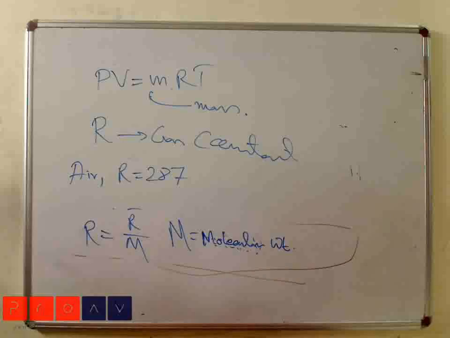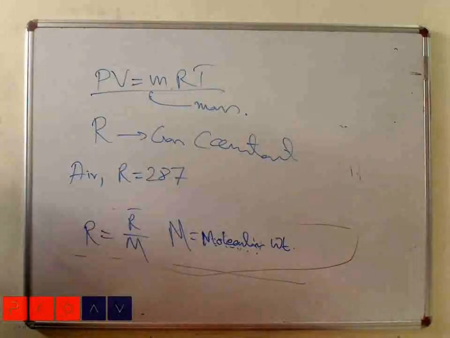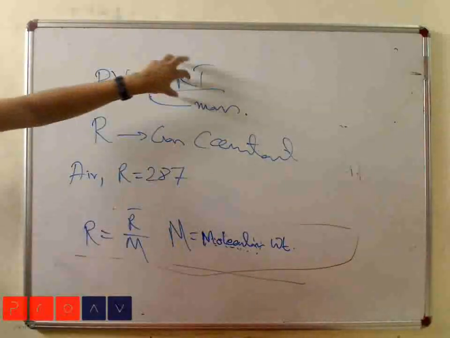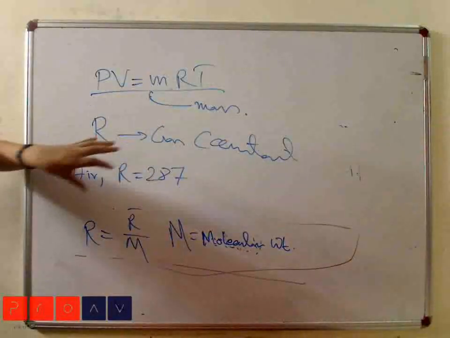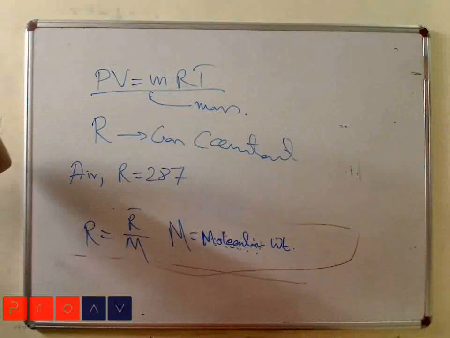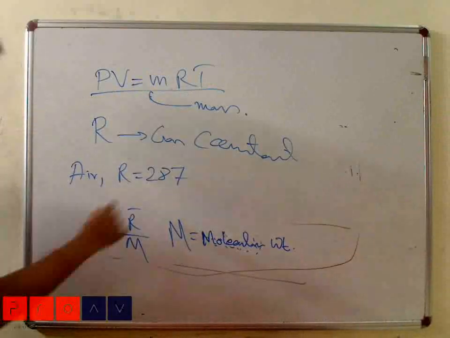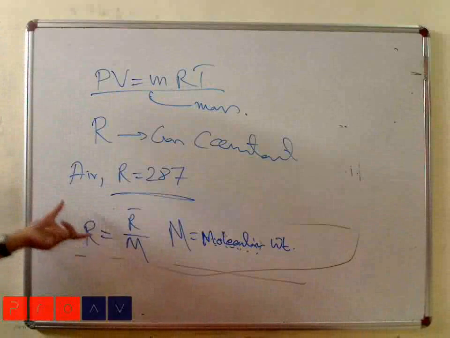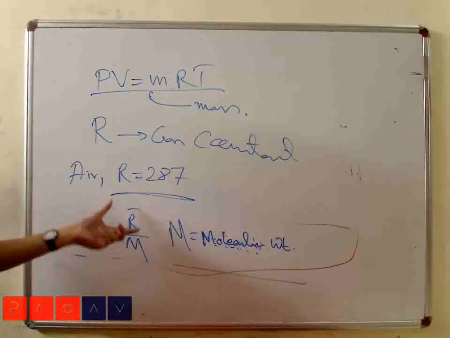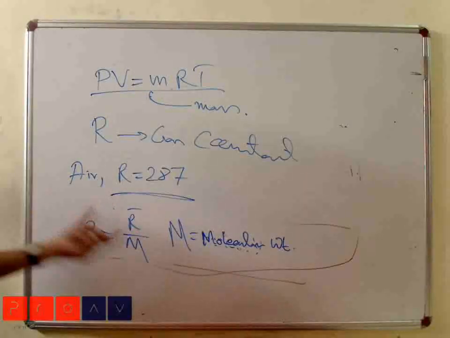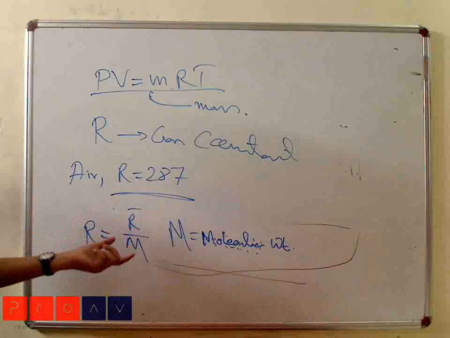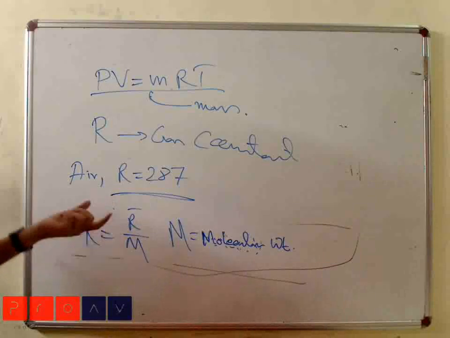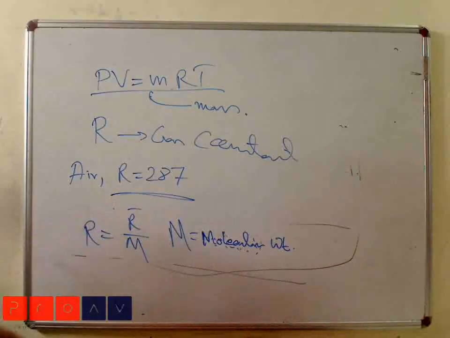So if you convert this into PV is equal to mRT, then this R is not universal. It depends upon the properties of the gas. For air, it is 287. Remember this number. And the definition of R is R bar, the universal gas constant, divided by M. M is the molecular weight. For oxygen, it is 32.